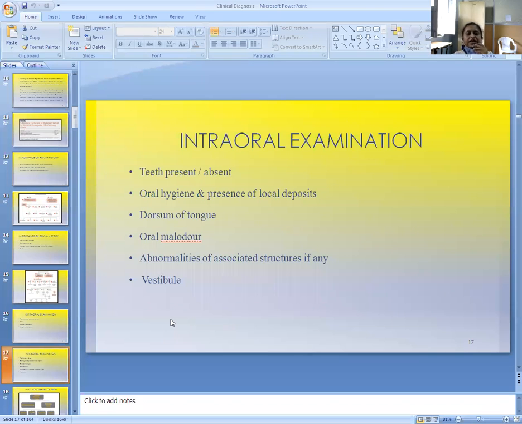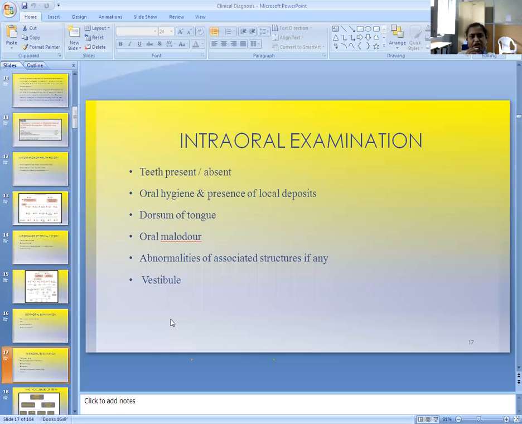Then oral hygiene and presence of local deposits. In local deposits, you have to ask about the presence of plaque and calculus. Then dorsum of tongue, oral malodor, abnormalities of associated structures, then vestibule, floor of mouth, everything you have to evaluate properly. Cheek mucosa, lining mucosa, any ulceration is there.